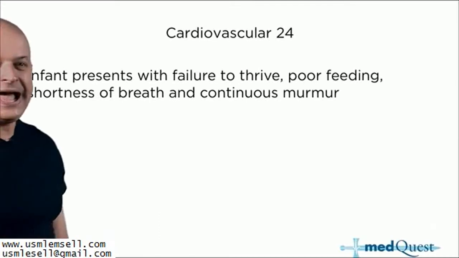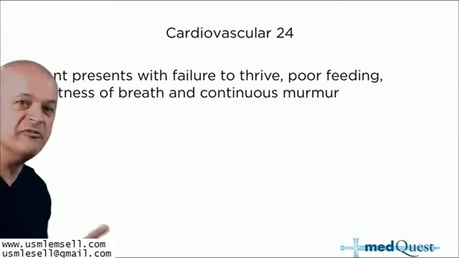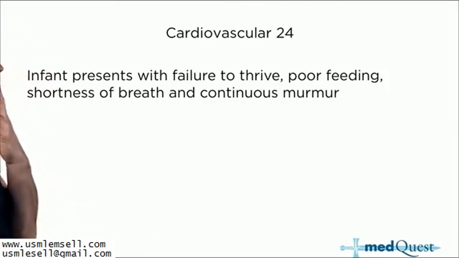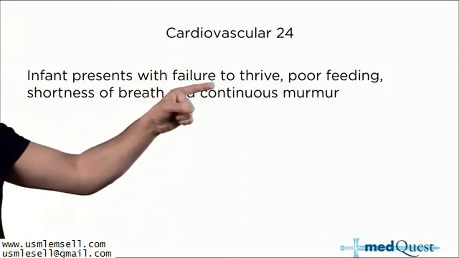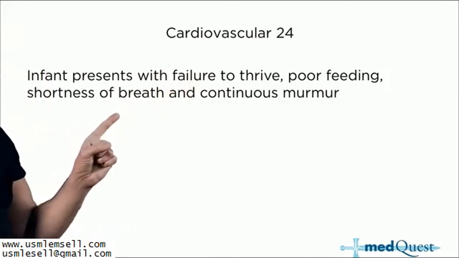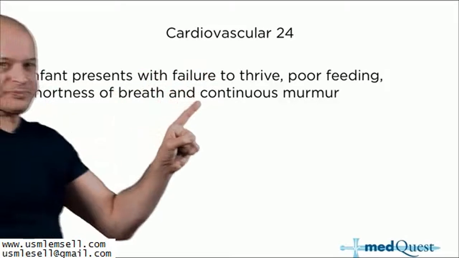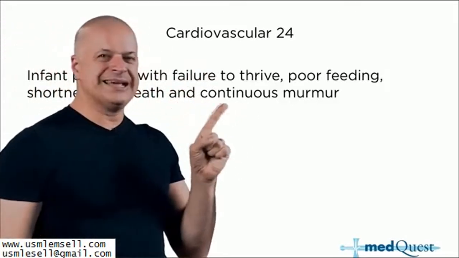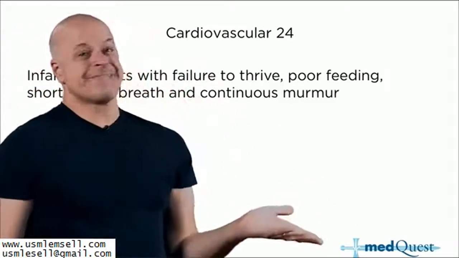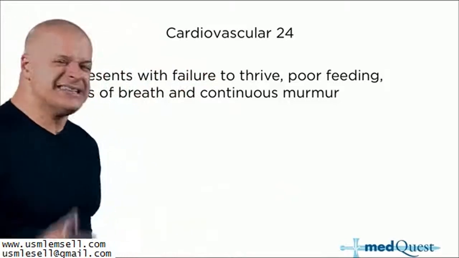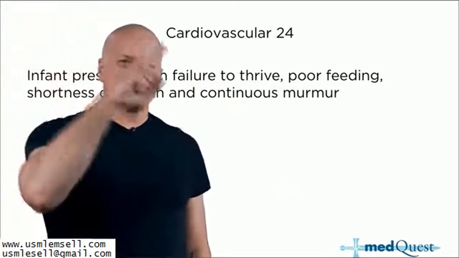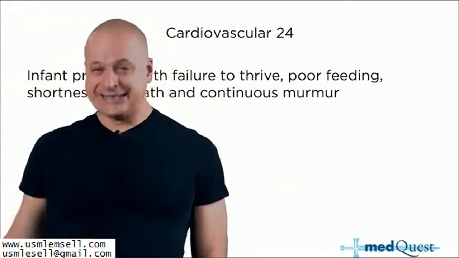So, what do you got? An infant. Failure to thrive. An infant not feeding. Short of breath. Oh, see, that's the key word. Continuous murmur. There's not too many continuous murmurs. Continuous means that it's through both systole and diastole.